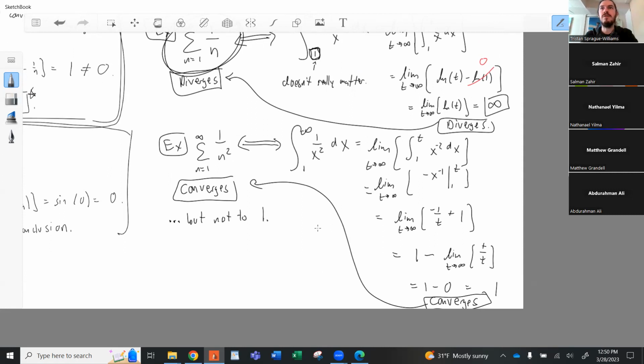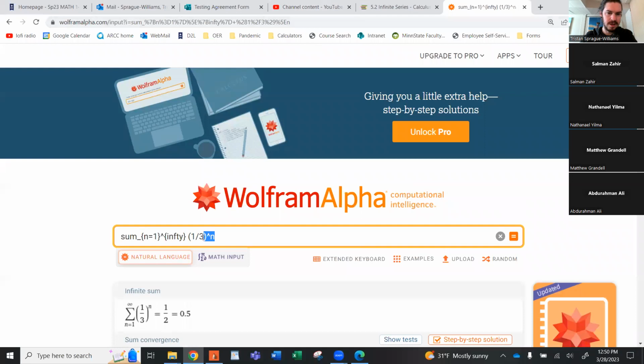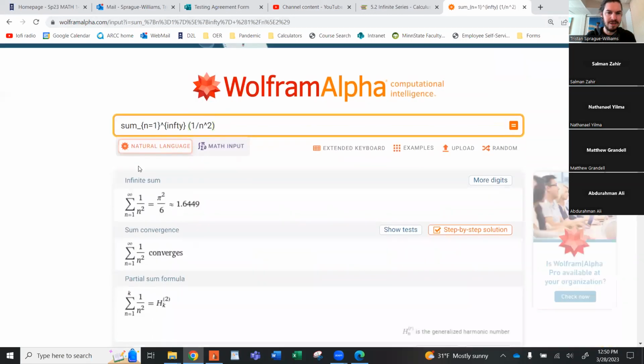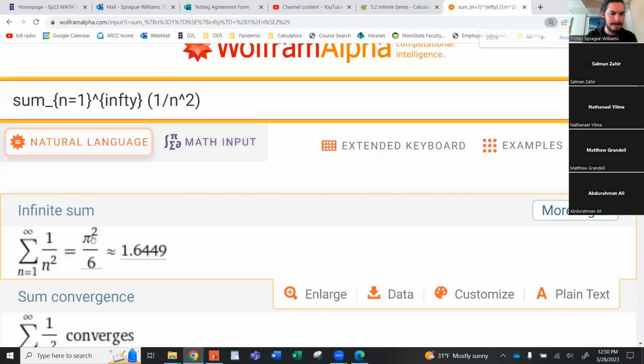So the series 1 over n squared actually converges to something totally different. If I take a look at 1 over n squared from 1 to infinity, here's what Wolfram Alpha says about it. It does converge. It adds up to pi squared over 6.